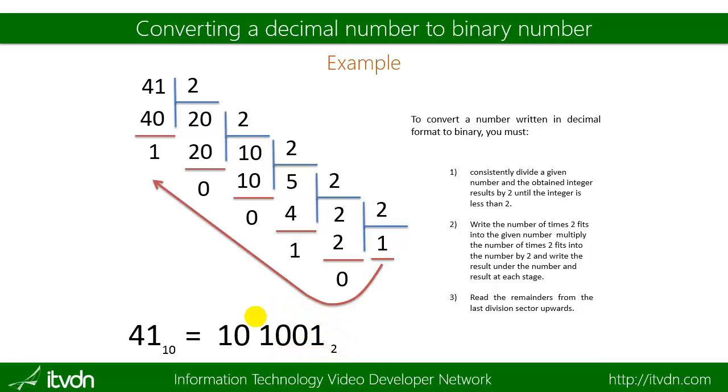Now I have successfully converted a decimal number, 41, into a binary number. 41 base 10 is equal to 101001 base 2. This 2 is base 2. So you see, it's very easy. Again, there are different methods of doing this. A lot of them. This is just one of them.